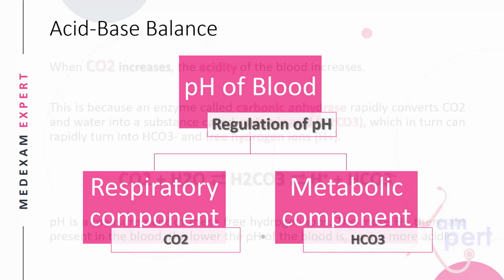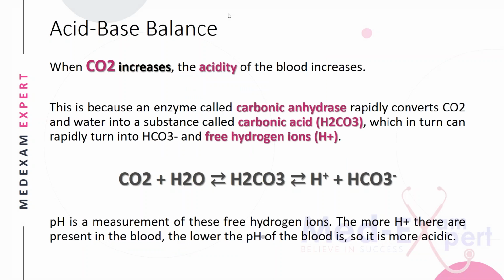Speaking about the respiratory component, we have CO2, which is the representative of this system. When it increases, the acidity of the blood increases. Why? This is because we have an enzyme called carbonic anhydrase. This enzyme converts the CO2, as shown in this equation, into carbonic acid, H2CO3.